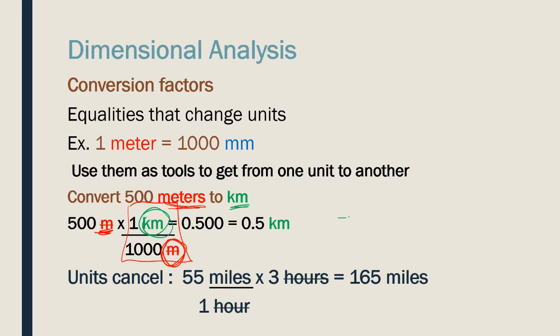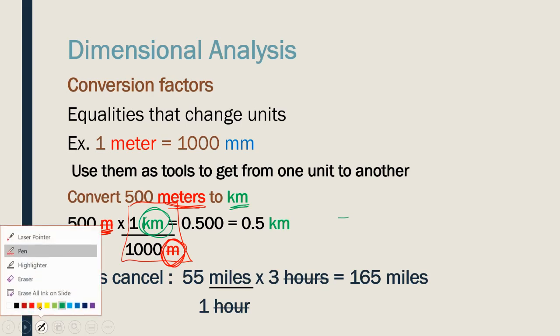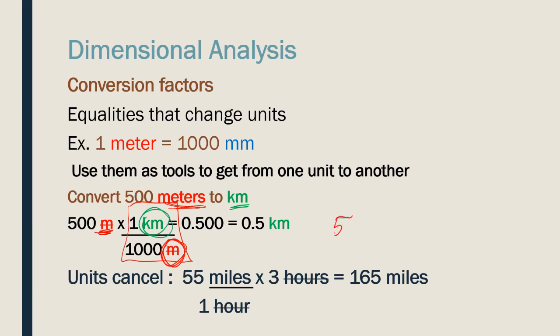So if we have 500 meters, which should be in red, then we know there's 1,000 meters in 1 kilometer. That's going to allow us to cancel meters and go to kilometers. Then 500 times 1 is 500, and then 1,000 times 1 is 1,000, and 500 divided by 1,000 is 0.5. All right.